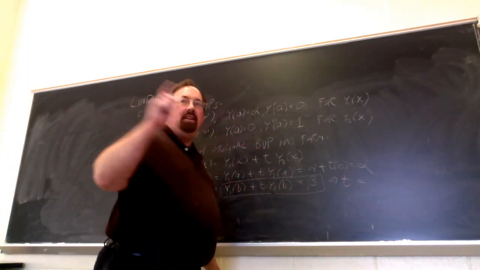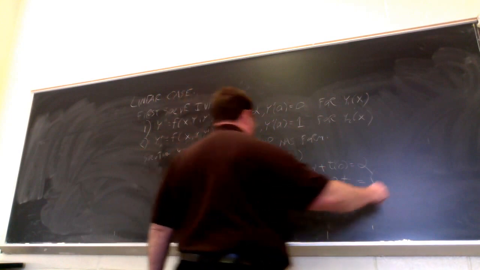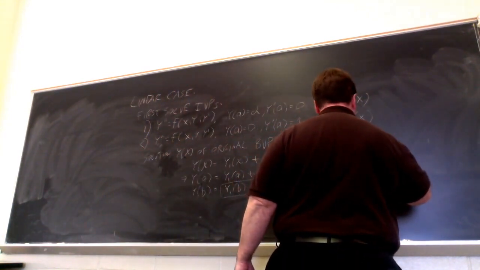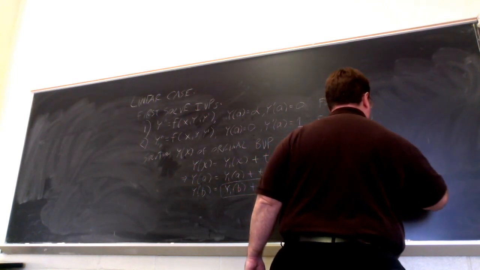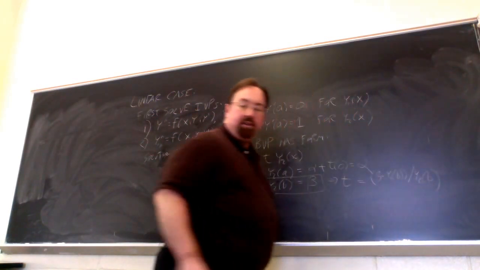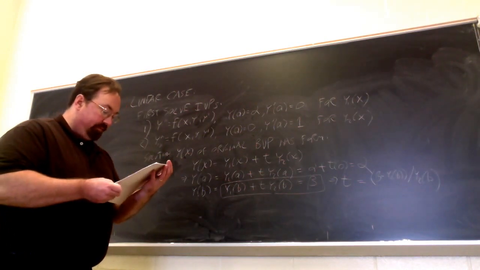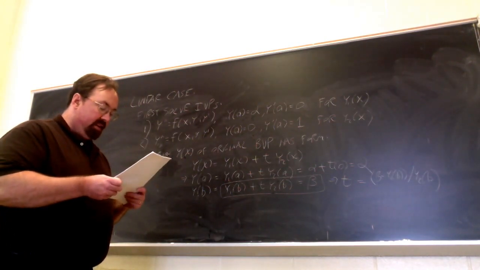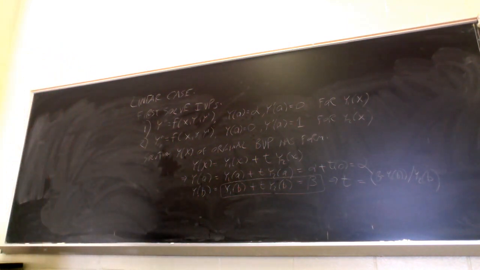Okay, so now I can just rearrange. This is a linear equation, so I can solve this for t: beta minus y1 of b over y2 of b. Now, of course, we have to hope that y2 of b is non-zero.